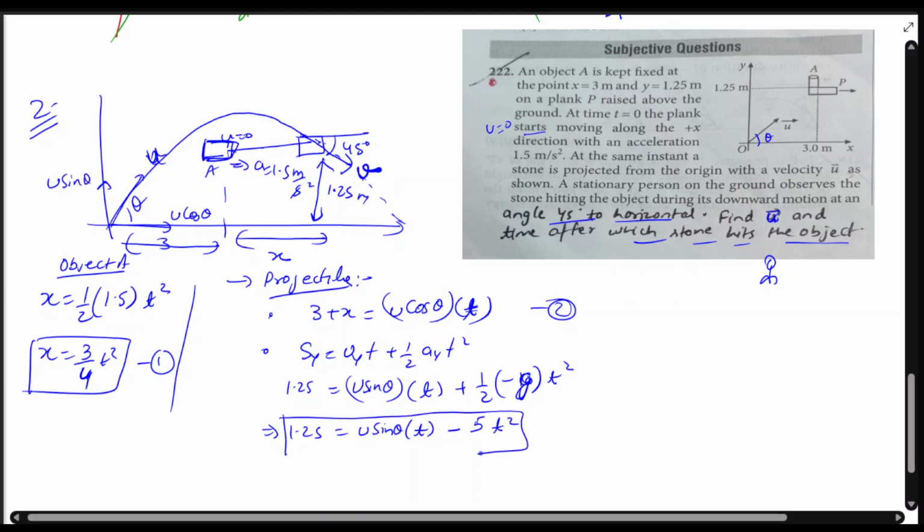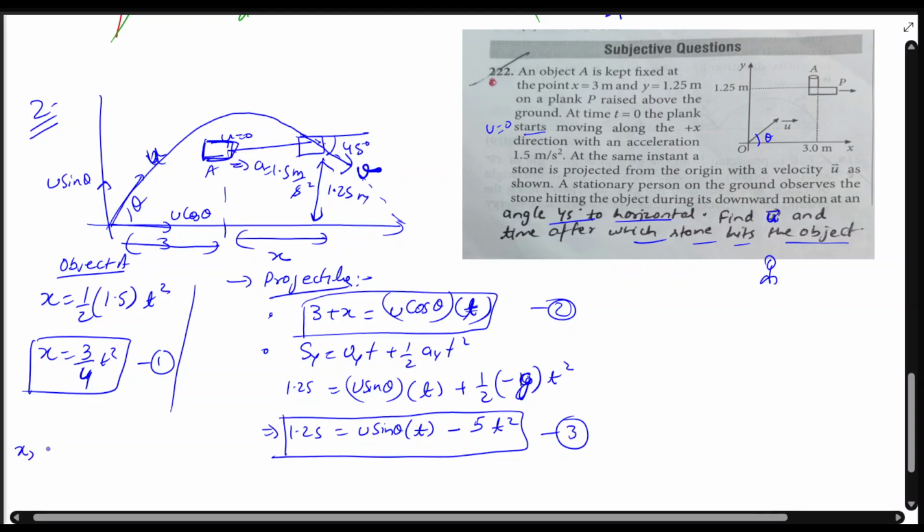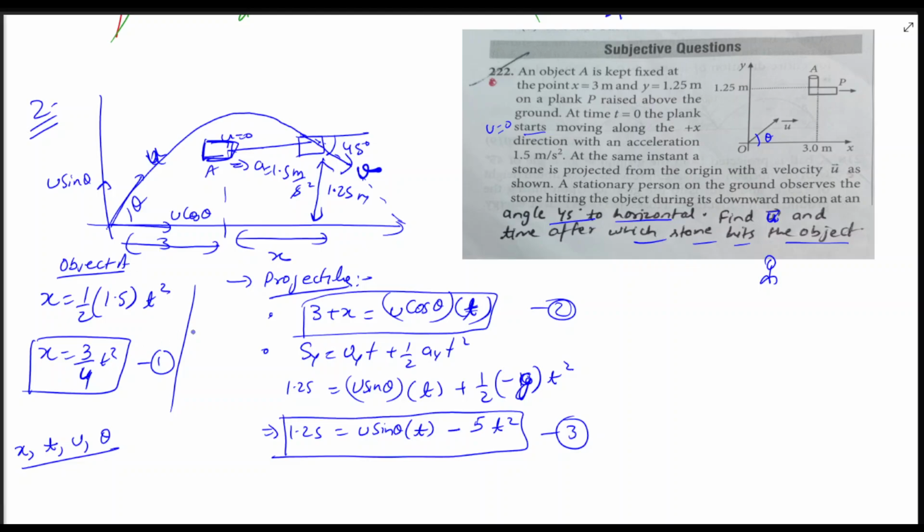This is our third equation. How many variables do we have? We have x, t, u, and theta. Only four variables, but three equations, so we need more equations.